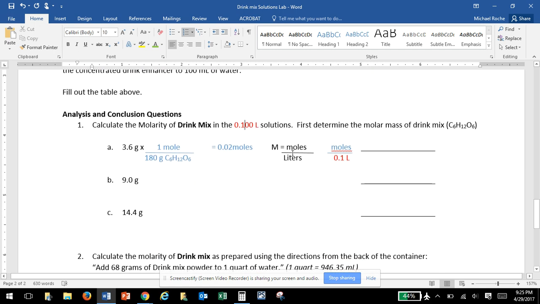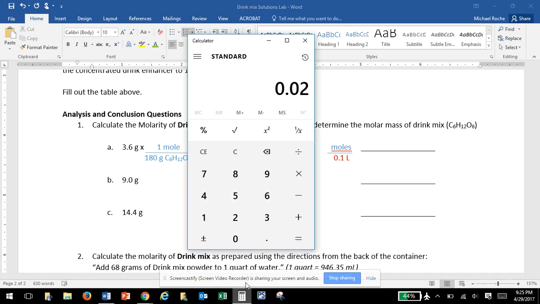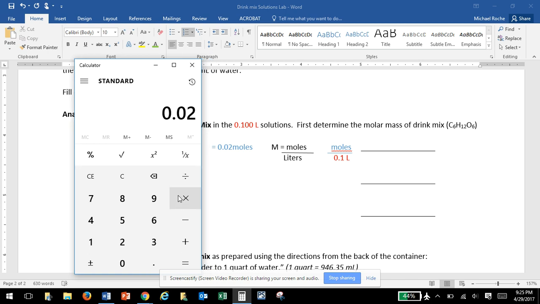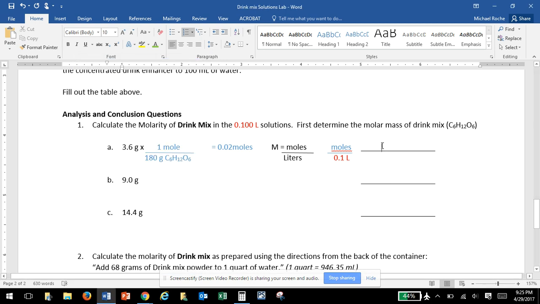But for this equation, moles over liters, we can't play that game. We have to convert the milliliters to liters. So it's 0.1 liters. So we'll take 0.02 moles, divide by 0.1 liters, and get the molarity for that. And we'll do the same for 9 grams and 14 grams. And what you'll see is 0.02 divided by 0.1. So the molarity of this first one is 0.2 molar.